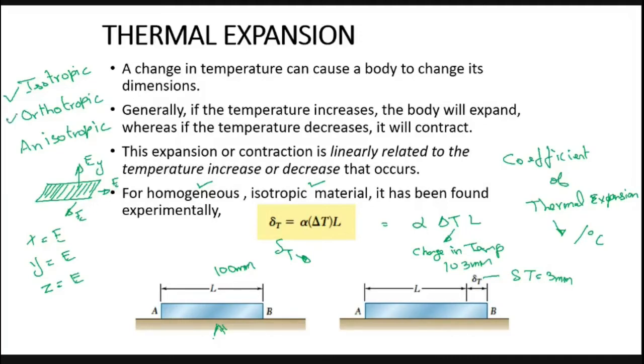That is orthotropic. Anisotropic is a composite material which has fibers and something like this, which means in all three directions it is different. So this del T formula is applicable only for isotropic and homogeneous material. It is not applicable for other materials.